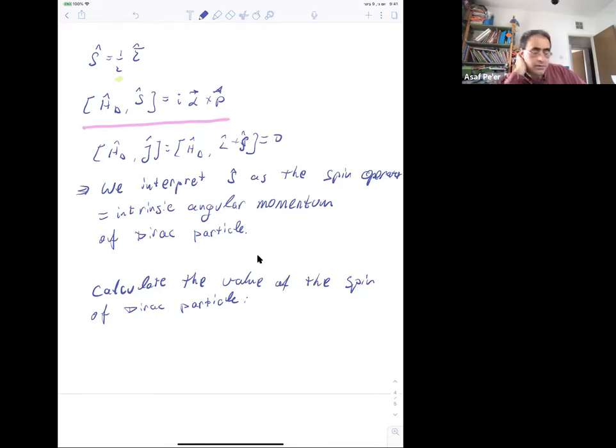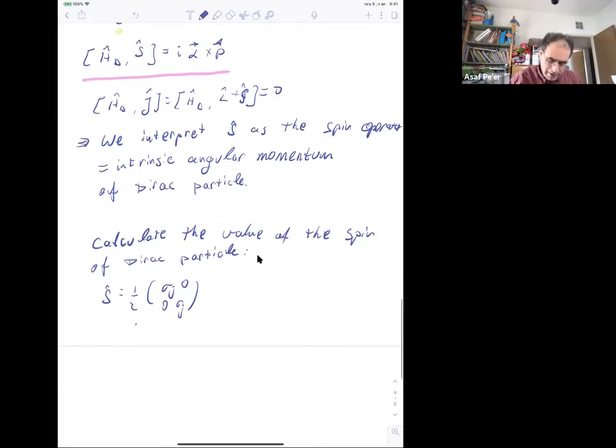Right. So we know what is the definition of S, right? That's 1/2 sigma. So we know that the components of S obey the same commutation relations as the Pauli spin matrices, right? Because S, remember, is just 1/2 sigma j.